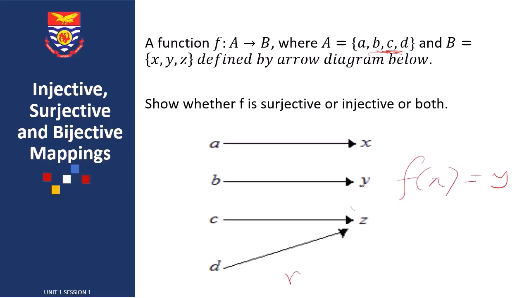Once you have the range equals codomain, you can say that the function is onto. It's a surjective mapping. But can we say it's an injective mapping? Certainly no, it's not injective. The reason is this z has two elements from the domain, therefore it's not a one-to-one mapping.